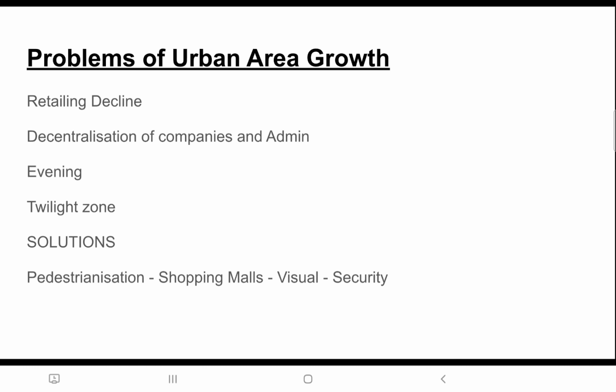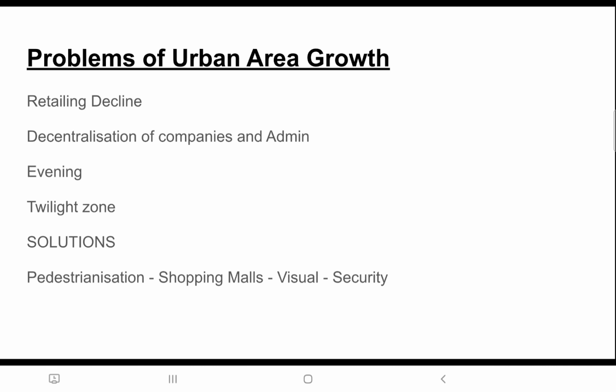So when companies need to change offices, they have realised that they can have new purpose-built premises on the outskirts of town, where land prices are lower, employees can get to work easily and they can park more easily. So especially with communication systems now, many companies and administration centres have moved out of the CBD.